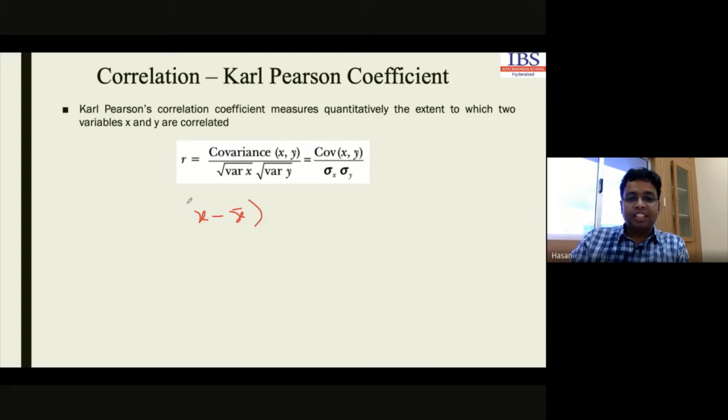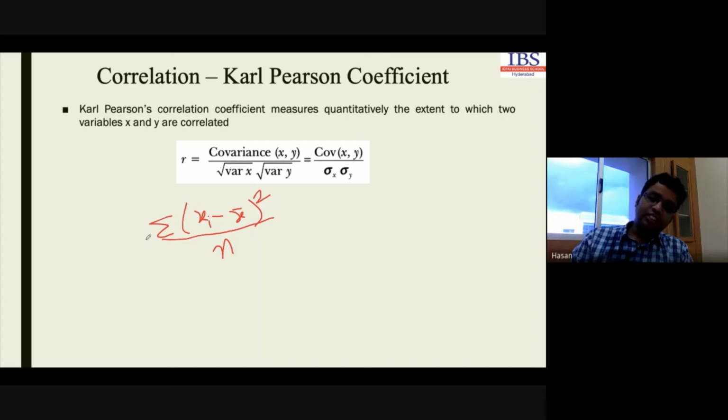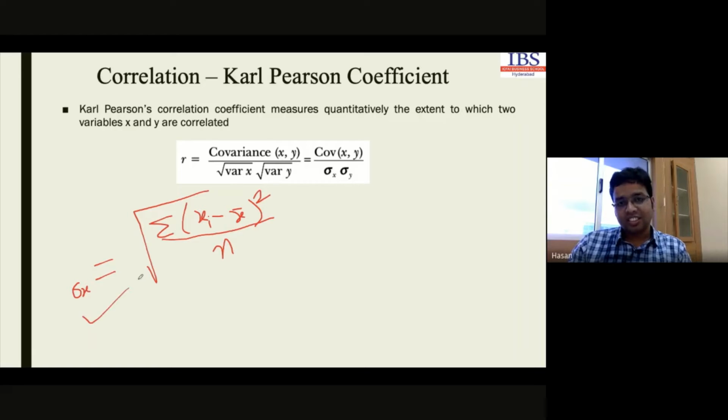To eliminate the sign impact, we take the square and then take the sum over every observation, the squared sum, and after that we simply take the average. So this is the variance, and if we take the square root, then it will be the standard deviation. For x it is this one. So we have already discussed these things.